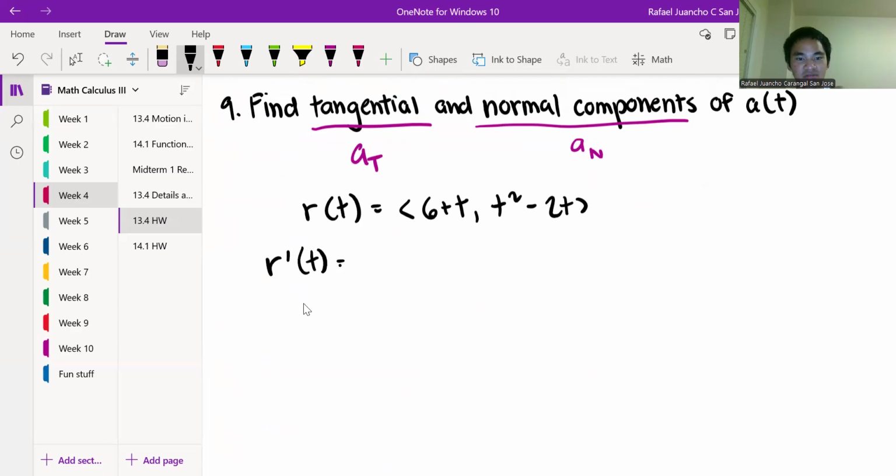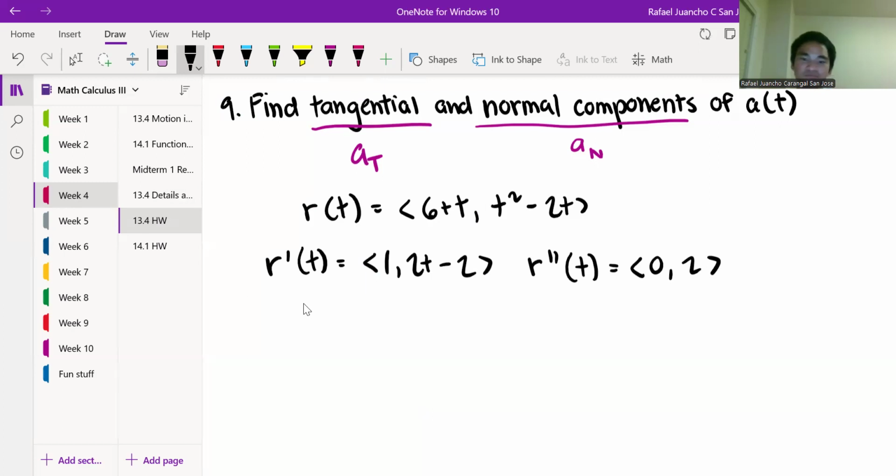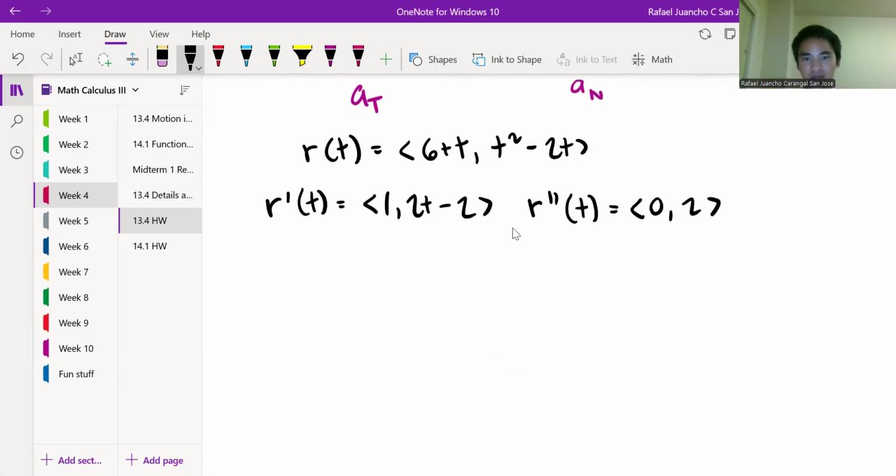So my first derivative, or my velocity, is 1, 2t minus 2. That's it. And my second derivative is just 0, 2. That's it. Now we can find what we need to find.